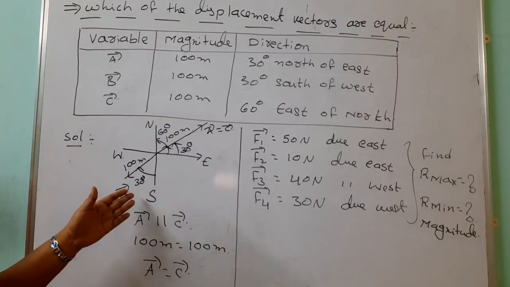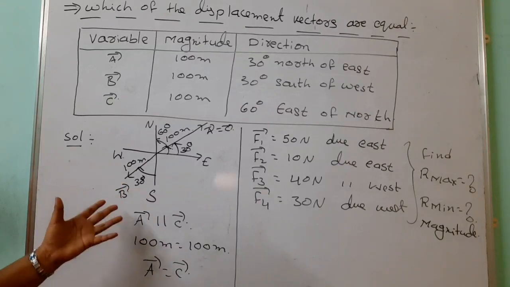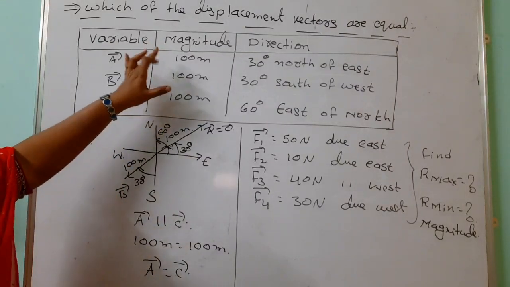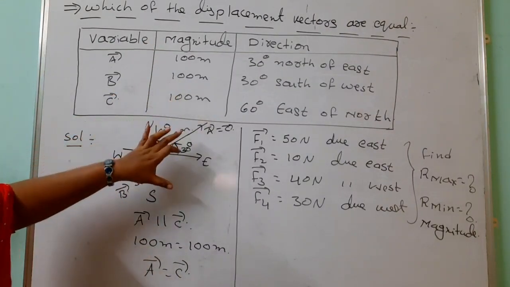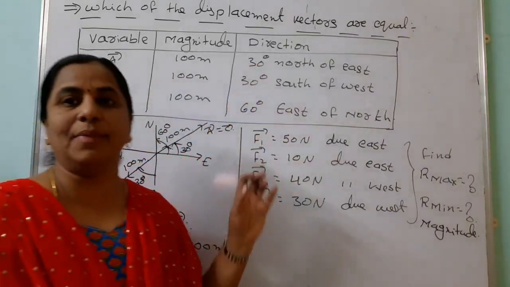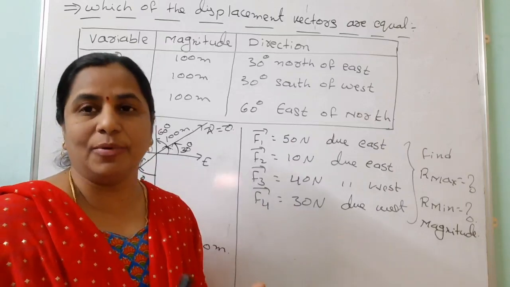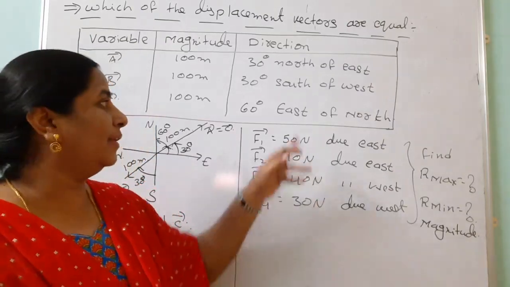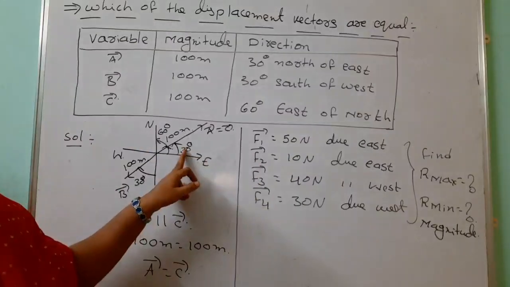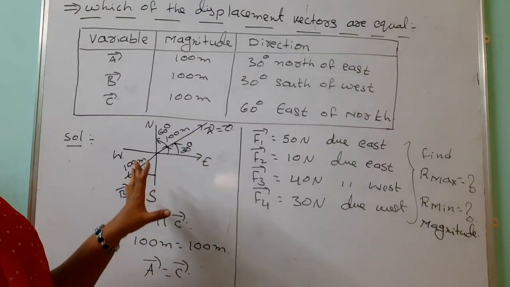Here the direction is different for B, so these are not equal in direction. Even though the magnitude is the same, we can't say A bar and B bar are equal. But you can say A bar and C bar are practically equal vectors. Why? The magnitude is the same and both have the same direction, 30 degrees north of east.